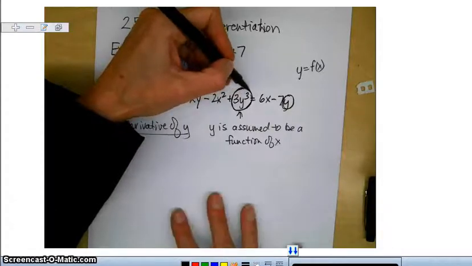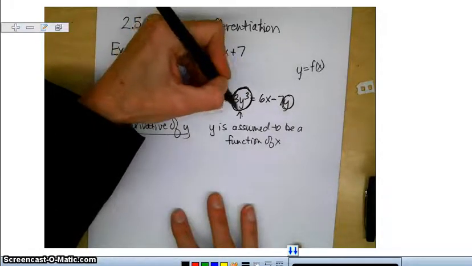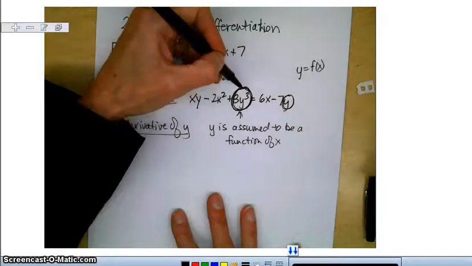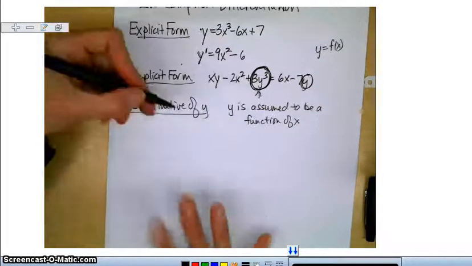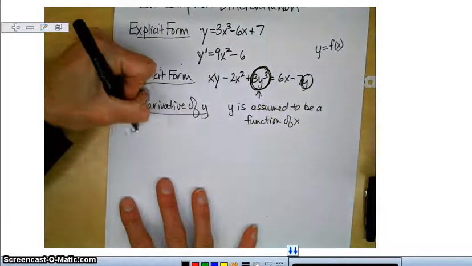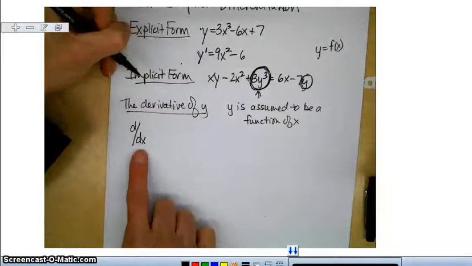So the way you have to treat a derivative of y is you have to use the chain rule.